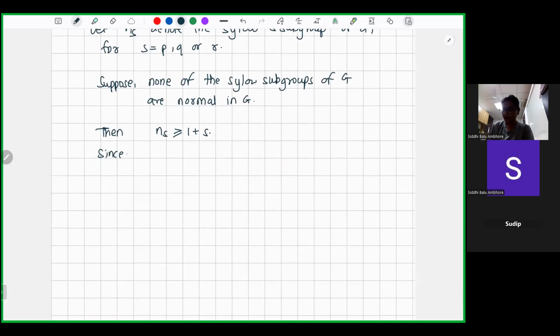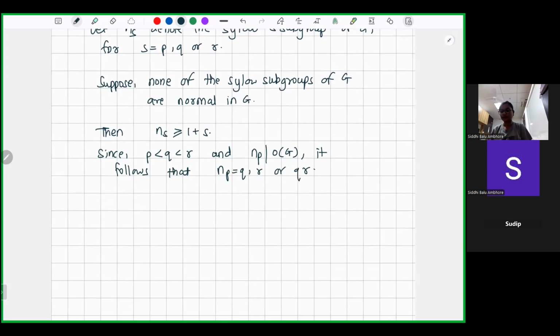And since P less than Q less than R, and this NP divides the order of G, it follows that NP is either Q, R or QR. Okay, so I'm assuming that none of the Sylow subgroups of G are normal. Then by the second Sylow theorem, I get NS is greater than or equal to 1 plus S at least.